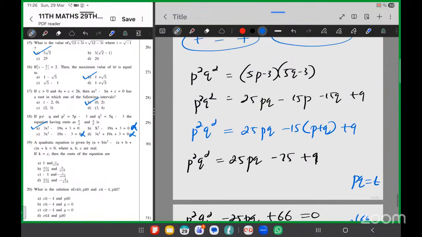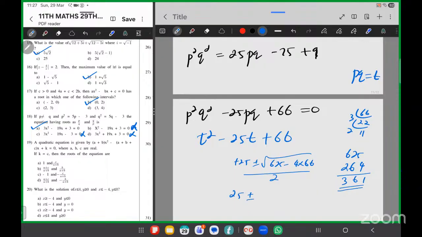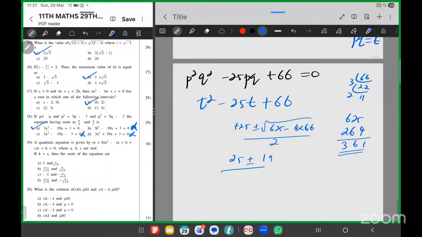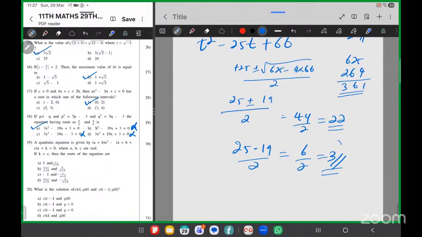Why are we not getting this? So you are getting the value of PQ equal to 3.